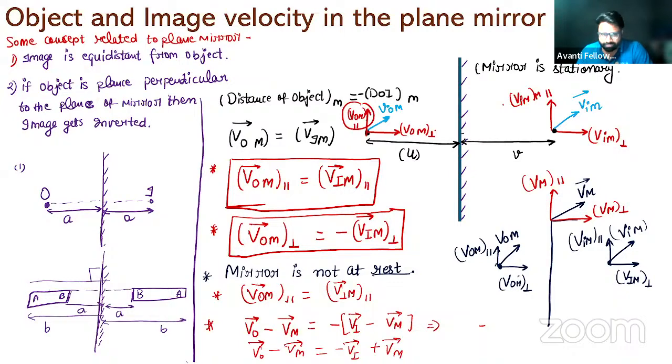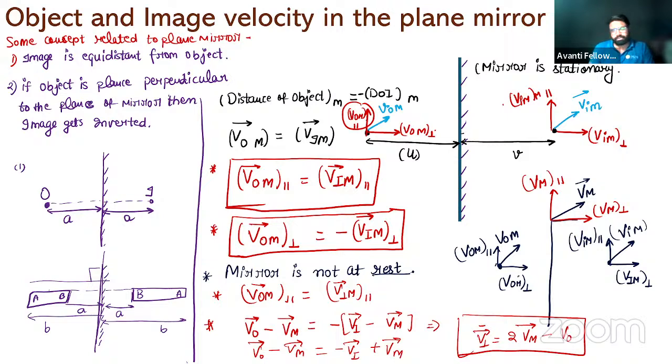This Vm will get to this side, so it will become velocity of image is equals to 2 times of velocity of mirror minus velocity of object. So the velocity of image perpendicular to the plane of mirror is given by 2 times of velocity of mirror minus velocity of object. Got it?